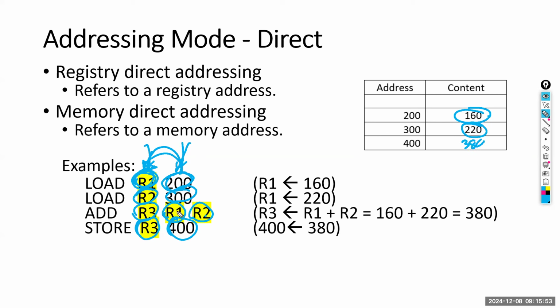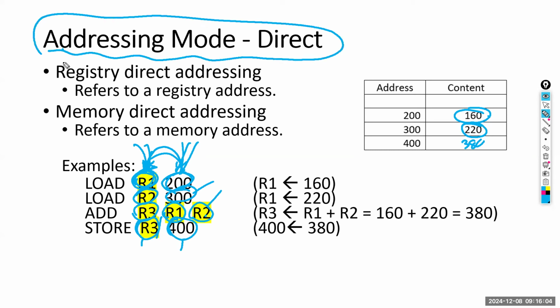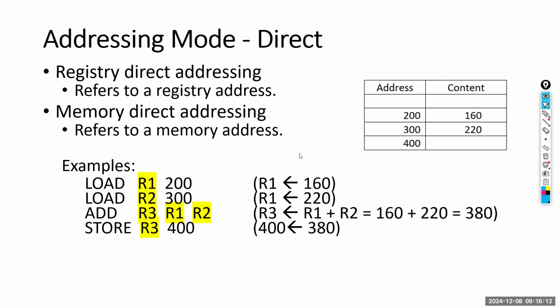So everywhere we use direct addressing mode, sometimes register direct, sometimes memory direct. This is the most widely used addressing mode, especially in your exam questions. But anyway, they need to tell what the addressing mode is.